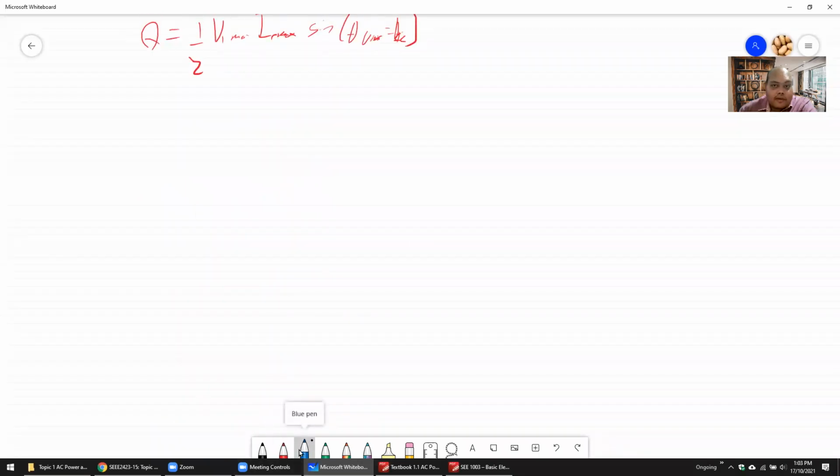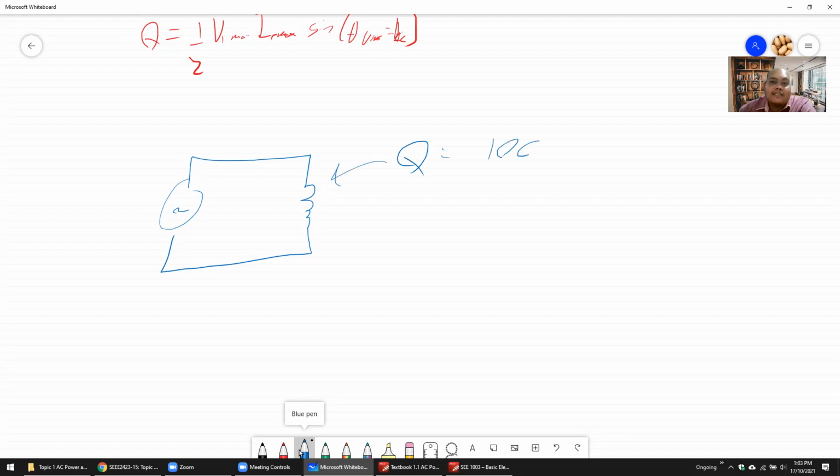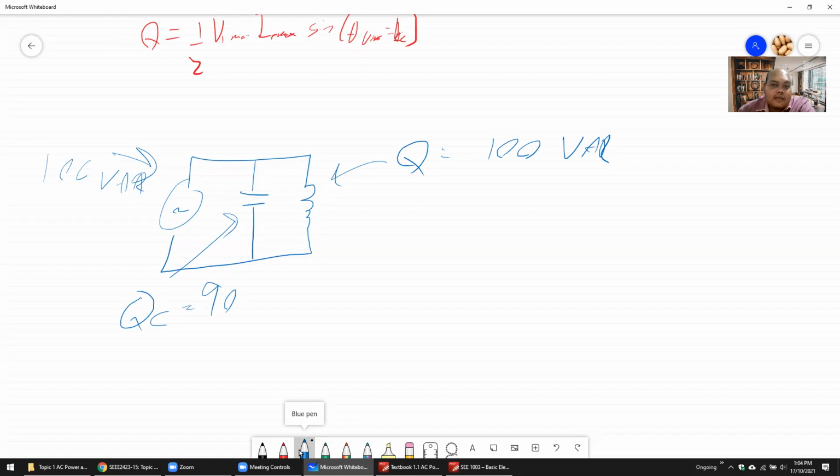So basically, the uniqueness of the capacitor is that, for example, if you have an inductor here with Q of 100 VAR, but then you add a capacitor here that can supply QC of around 90 VAR, the power supply only needs to supply 10 VAR.